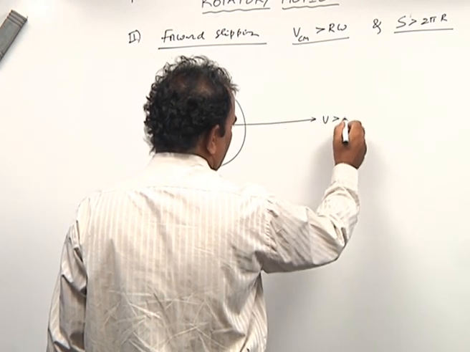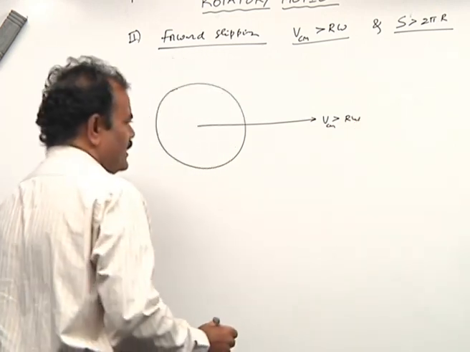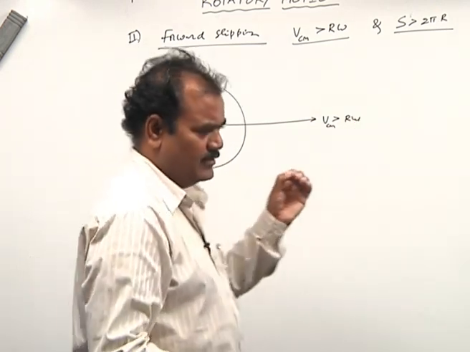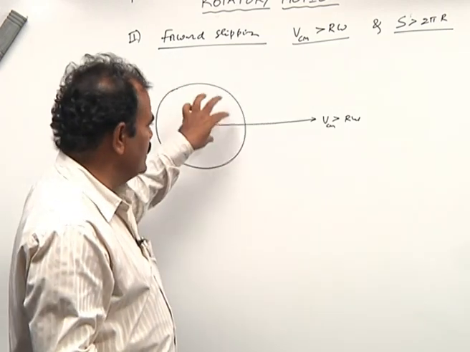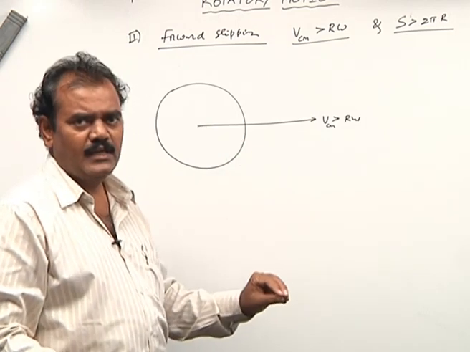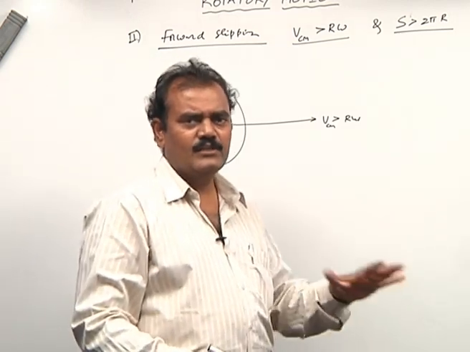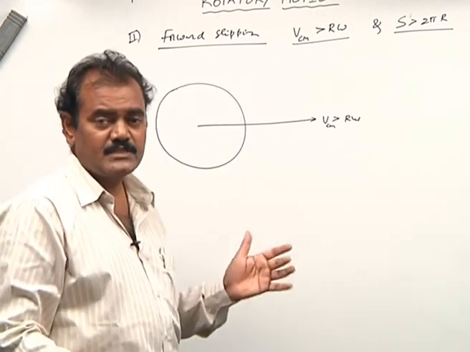So here V is greater than r omega, meaning the forward movement of the wheel will be more than its rotation, because friction is slightly reduced. The rain is over and the road is a smooth surface, not a dry surface.